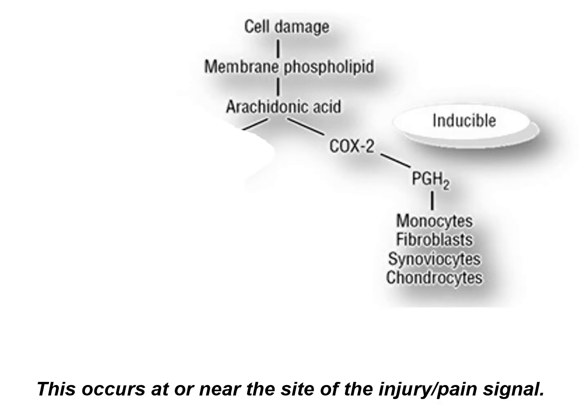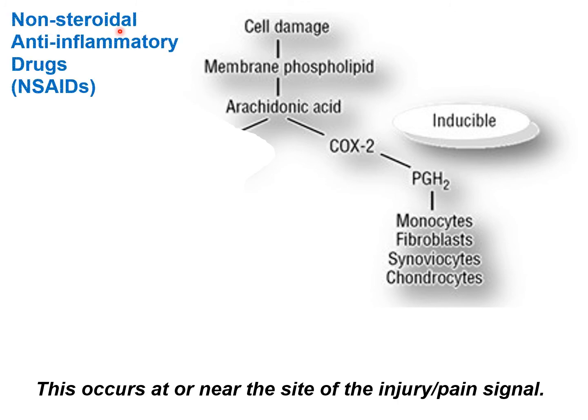Let's start with NSAIDs, which stands for non-steroidal anti-inflammatory drugs, like for instance aspirin or ibuprofen and so forth. What's happening is that when we have cell damage or injury of some kind, inflammation, there are enzymes in the cells which will cleave phospholipids literally within the membrane and create a molecule called arachidonic acid.